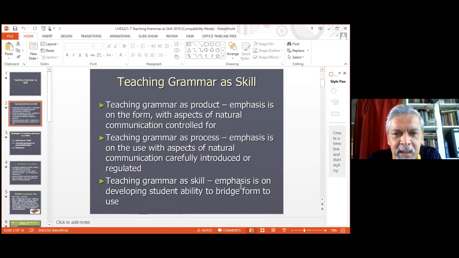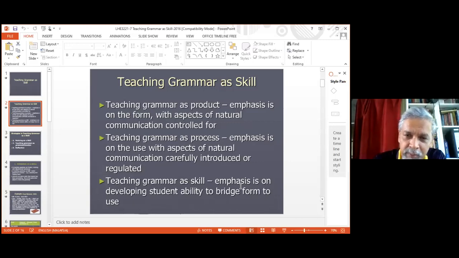So when it's controlled, that means it's not really there. For example, time, we try to do away with it, and many other aspects of natural communication, because we want to focus on the form, the structure.